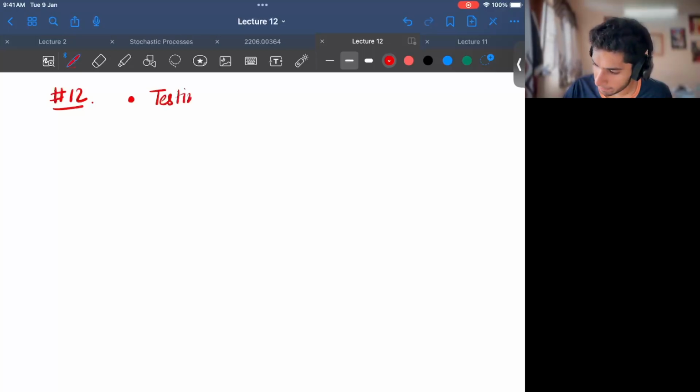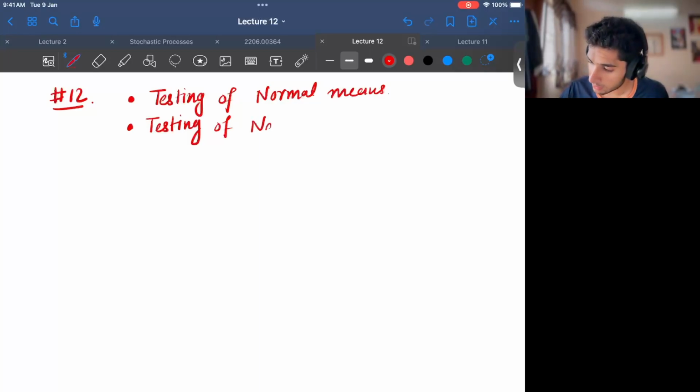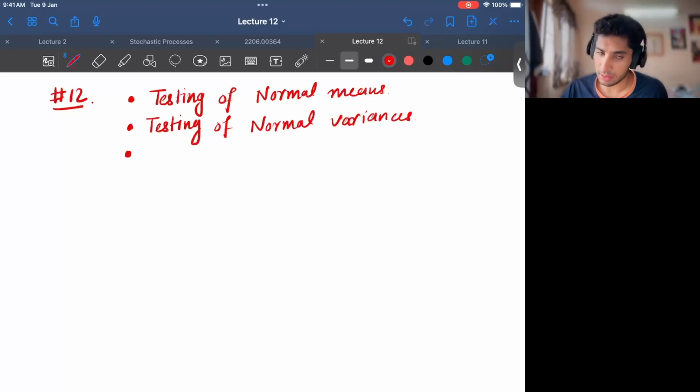testing of normal means, right? Then, so these are very specific tests, testing of normal variances, right? Then there were some large sample tests.